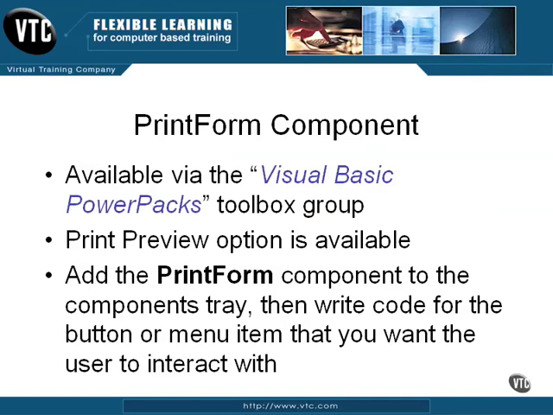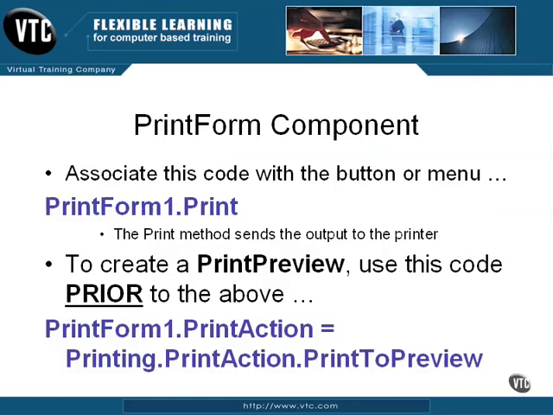To get started, you add the PrintForm component to the components tray, and then you write the code for the button or the menu item that you want the user to interact with. The code that you need is simply PrintForm1.Print. This assumes that you have not changed the default name, which is PrintForm1. Print is the print method that sends the output to the printer.